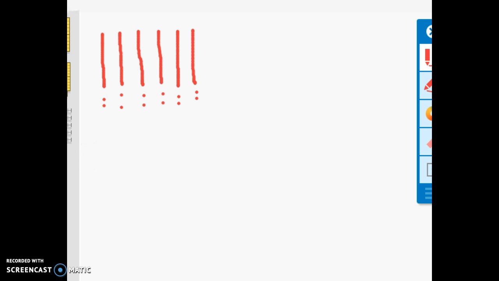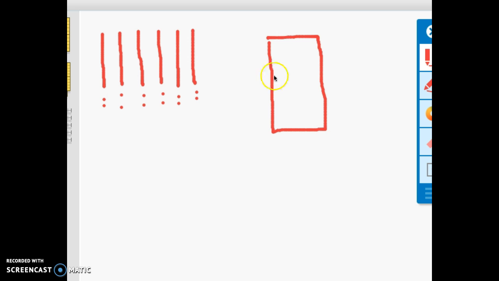Now we will use the box window method to show our partial products. So on the top we have 6. And then on the side, we're going to break down the 12. We have 10, for the tens place, and then a 2 for the ones place. So 10 times 6 is going to equal 60.